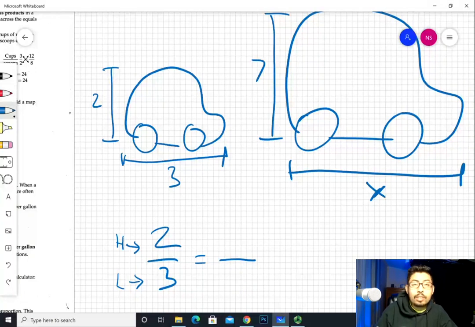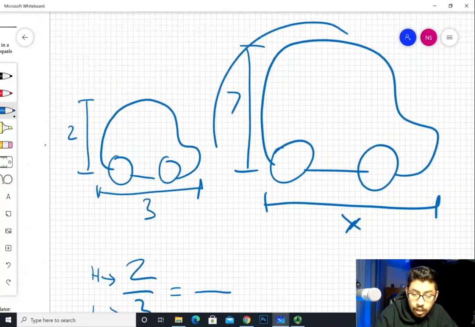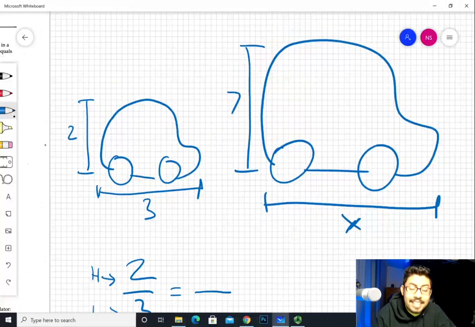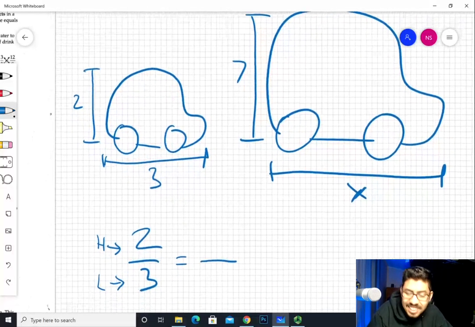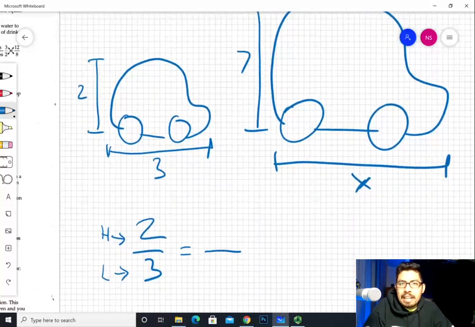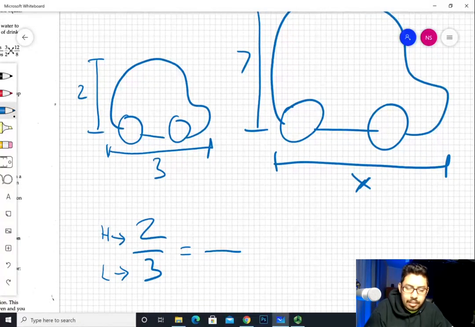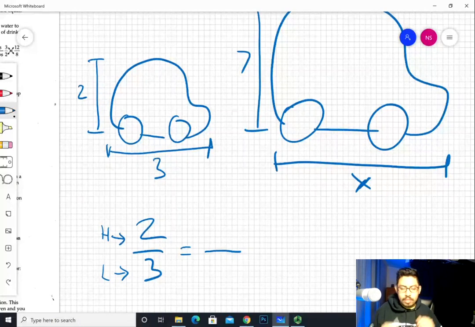So, what would be my other ratio? Well, we got to go to the other car, right? And we know the height is 7 and the length is question mark, unknown, right? It's a variable. It's x. Don't worry about that letter right now, the x part. Just put it as your secondary ratio. Just display it.